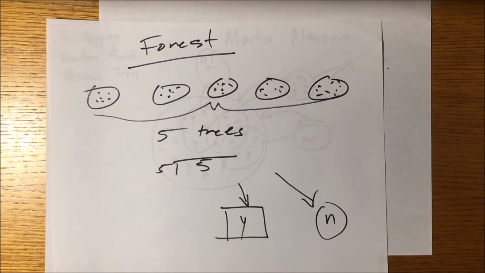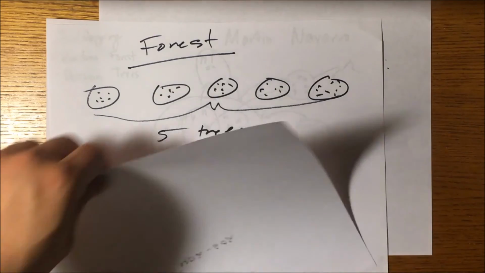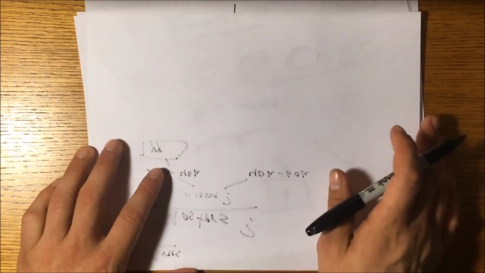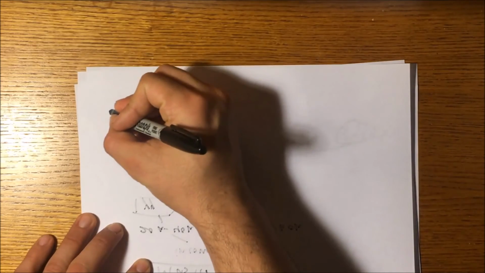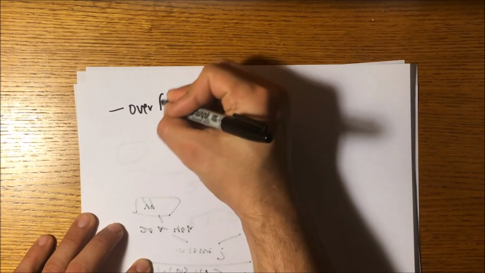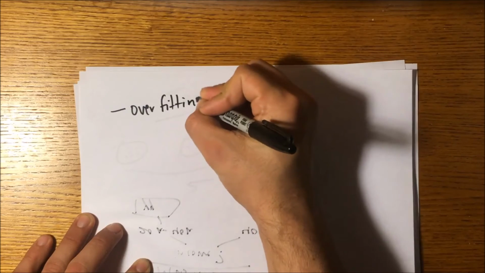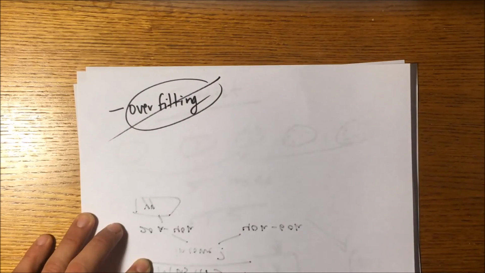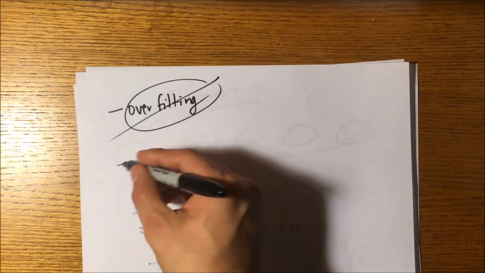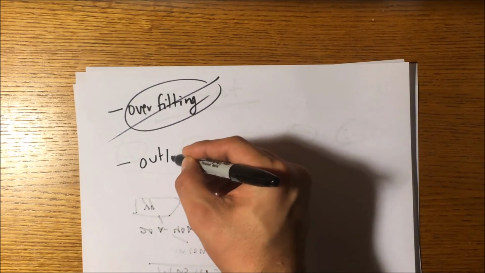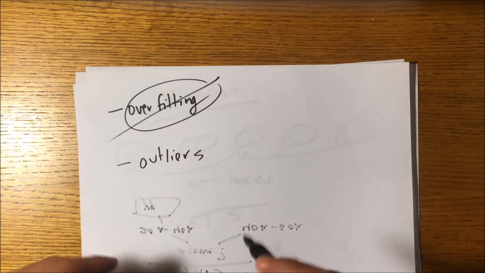The reason that we actually use random forests is because they prevent overfitting. So overfitting won't occur in a tree. No overfitting. They're not very sensitive to outliers. So an outlier won't affect the decision of a tree.